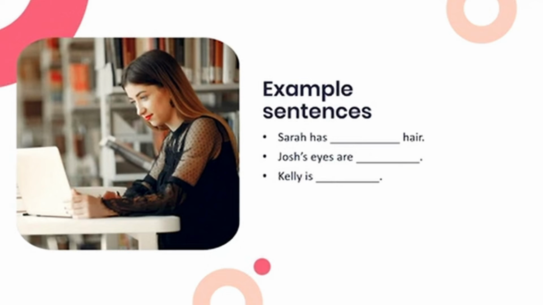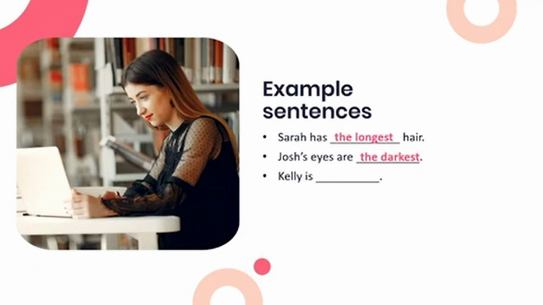Alright, let's start with our first sentence. Sarah has the longest hair. So what I've done here is I've added the word the to the beginning, and I added the letters EST to the end of the adjective. Next, we have Josh's eyes are the darkest.